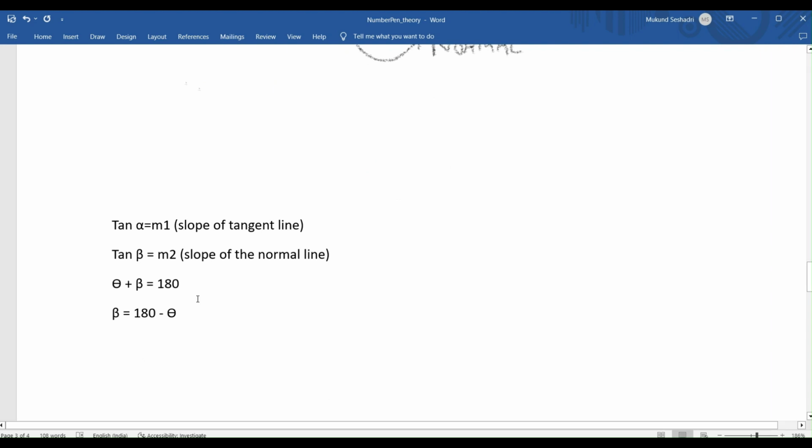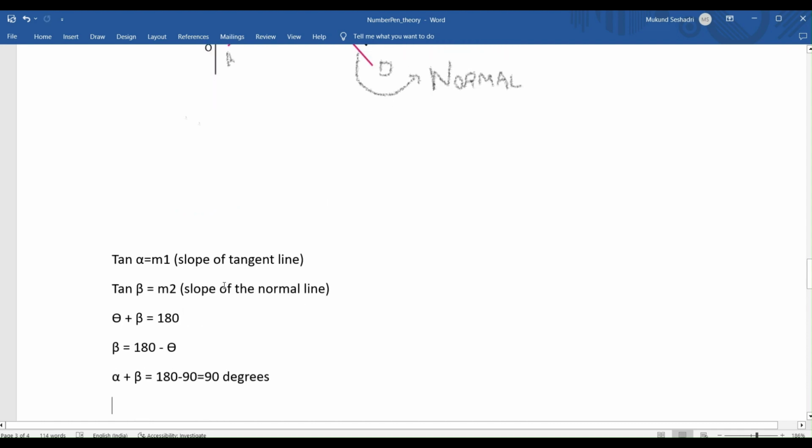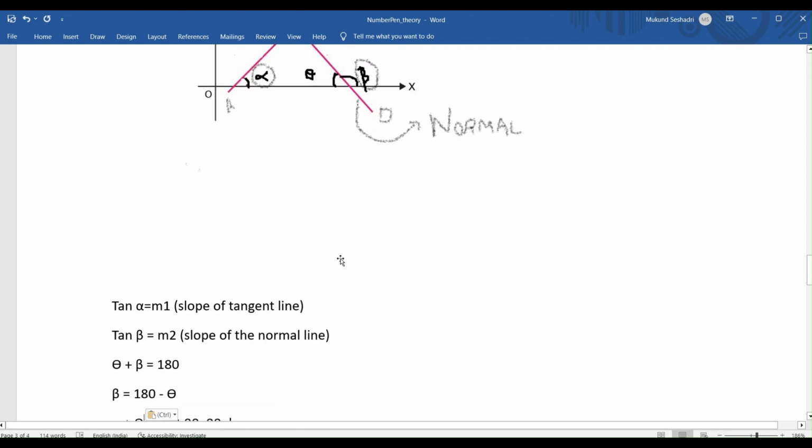So we have alpha plus theta equals 90 degrees.